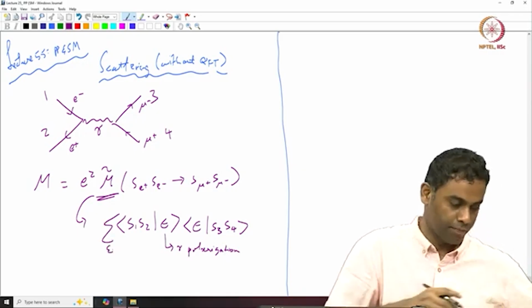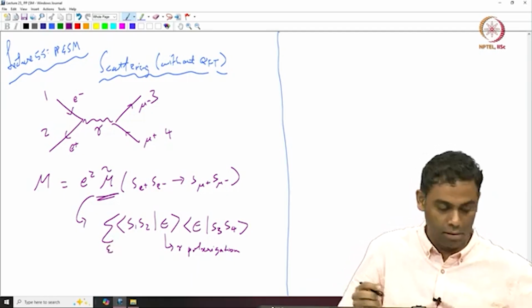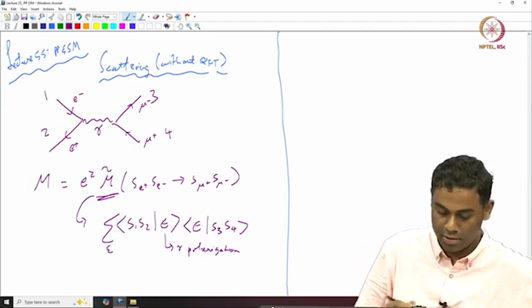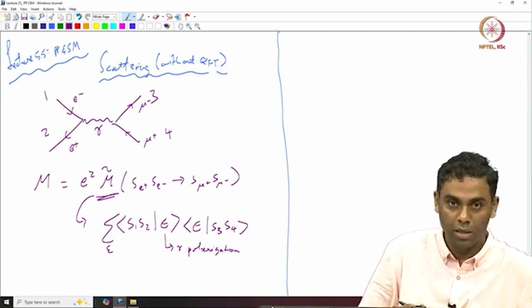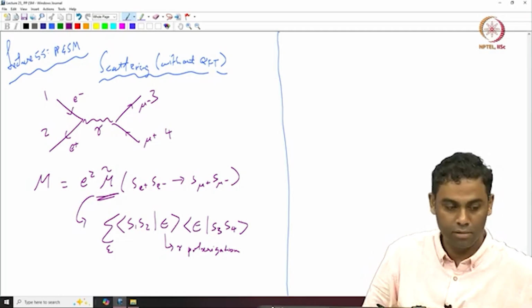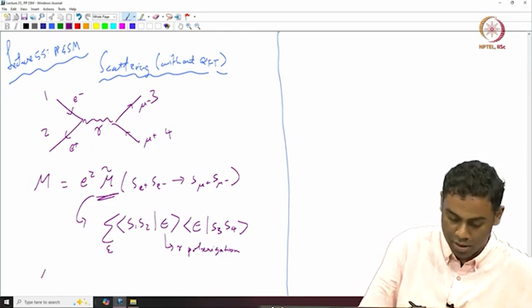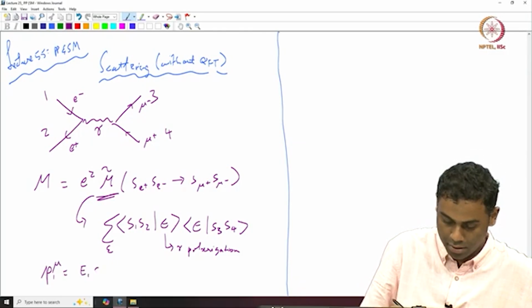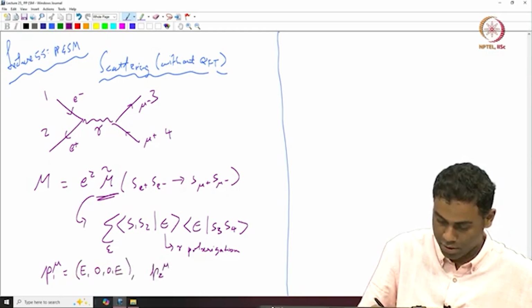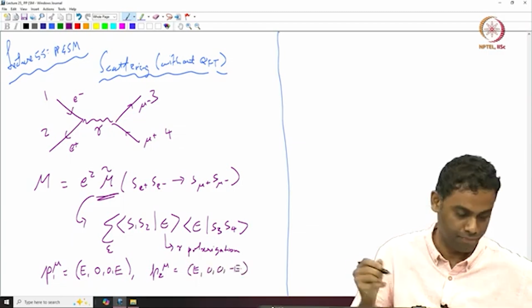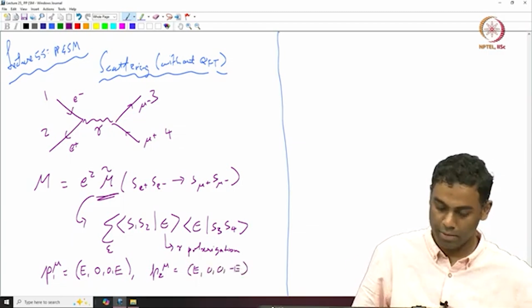Yes, and then I picked P1 and P2 to lie along the Z direction, right, so that the momenta were basically this, and P2 is this, correct.